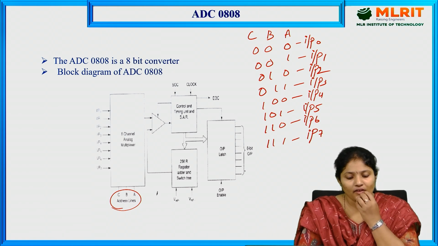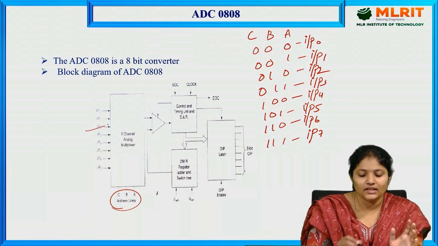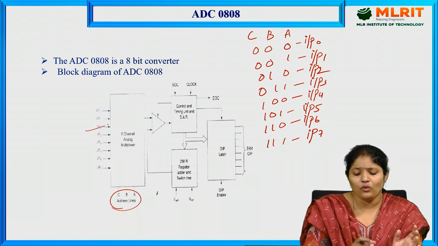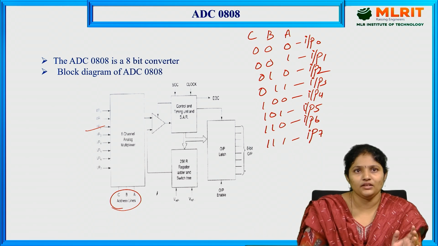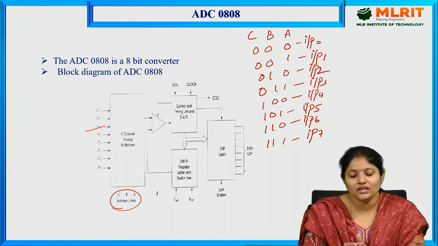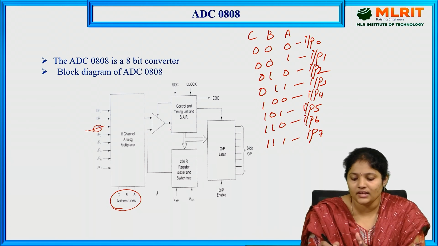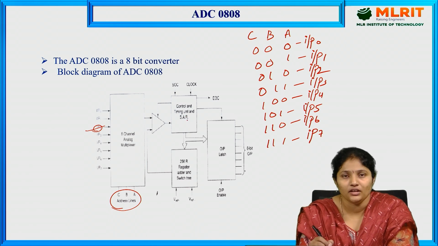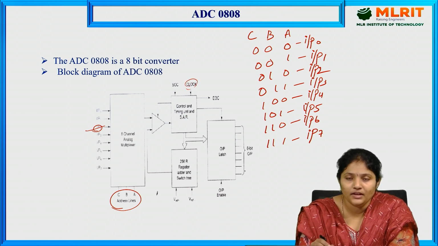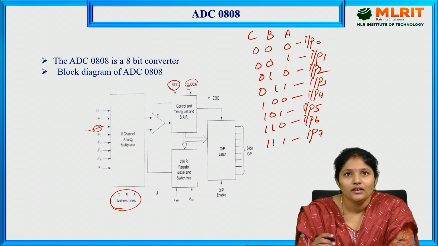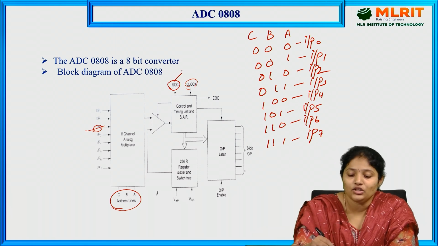So if I want to convert input 2 into digital data, I will select input 2. Now the multiplexer will consider this input 2 and send it to the control and timing unit, where the clock is present, and according to the clock, we have the control signal SOC, start of conversion.